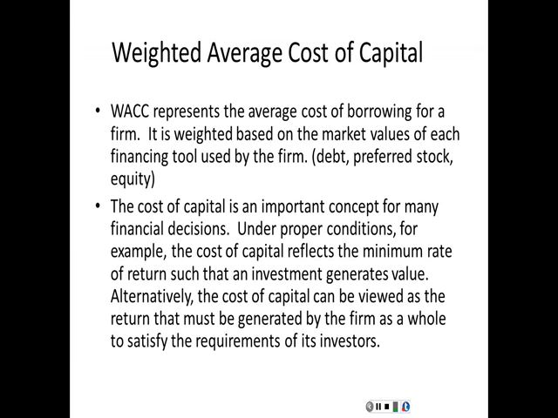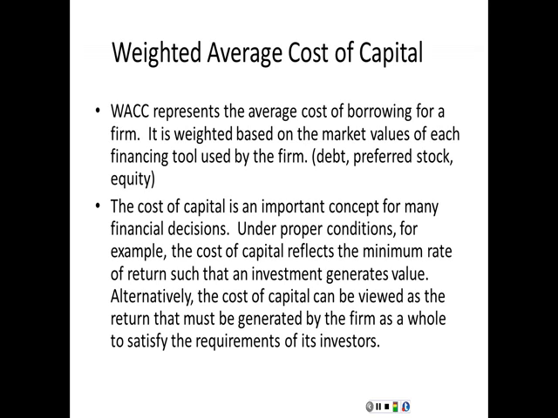Maybe we'll have some preferred stock, but the point is we have multiple investors who provide us financing. Each of these investor types wants a return on their investment. So the idea is that weighted average cost of capital looks at the returns that each of our investors wants and how much money they're contributing, and it takes a weighted average of that return. So this is the cost of financing projects for the firm.